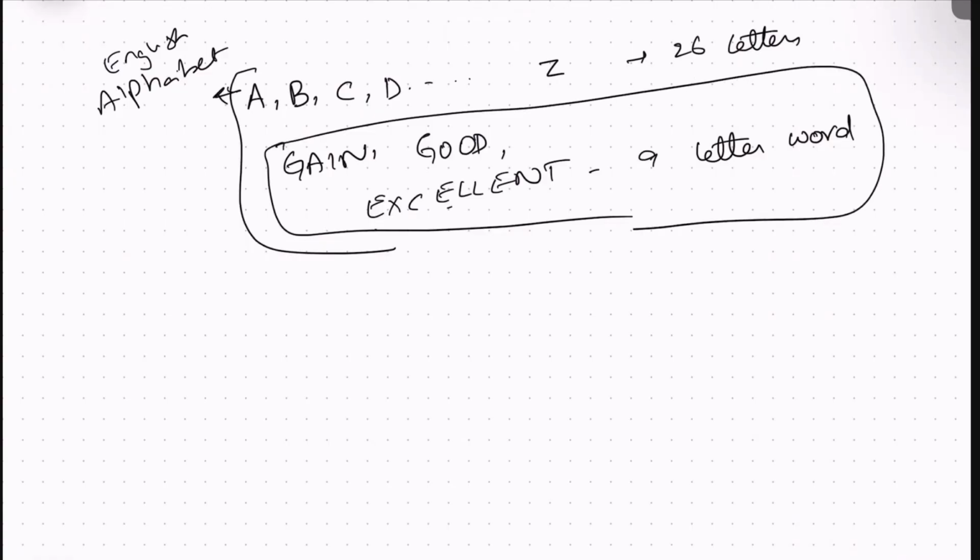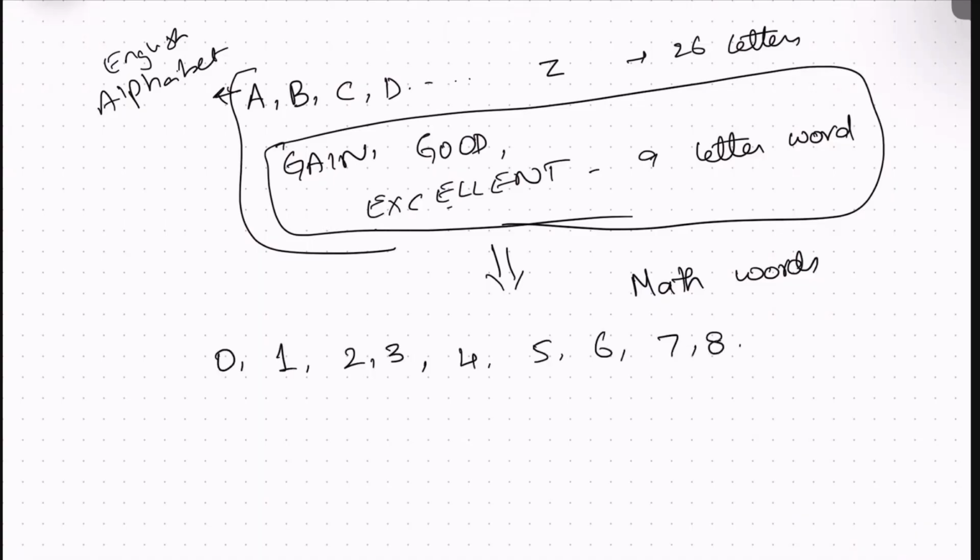If you compare this analogy to our math world, you could easily sense what a digit is and what a number is. In our regular math world, we have just 10 digits, which are called 0, 1, 2, 3, 4, 5, 6, 7, 8, 9.